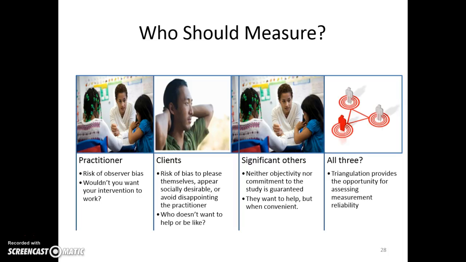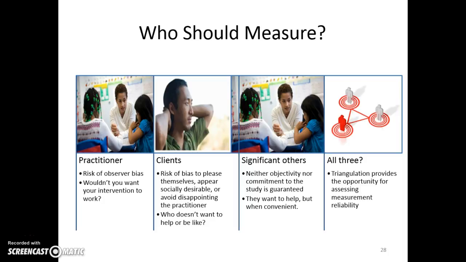So then who are you measuring? Or rephrase that, who is doing the measuring? Well, think back to when we talked about the different paradigms and how sometimes it's really hard to say that one person can really objectively capture the truth. So you as a practitioner, you might have observer bias.